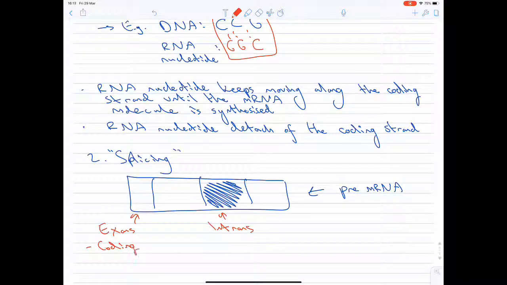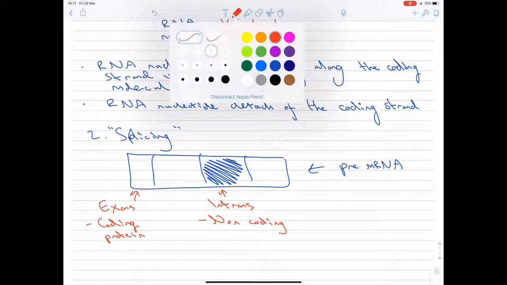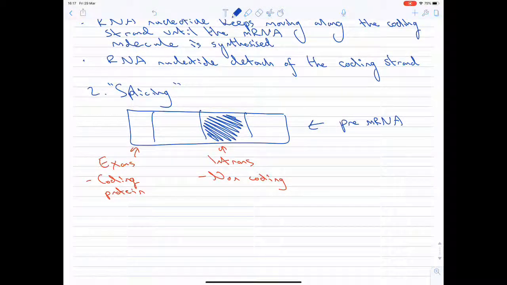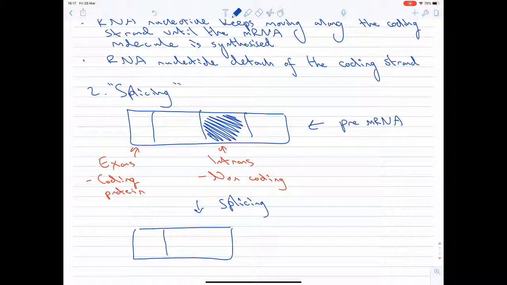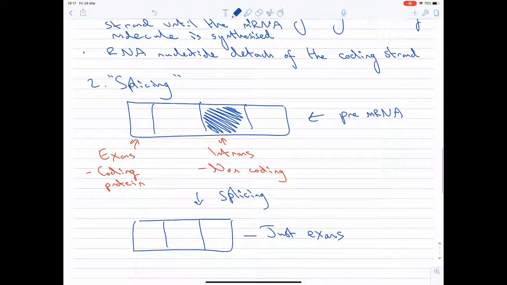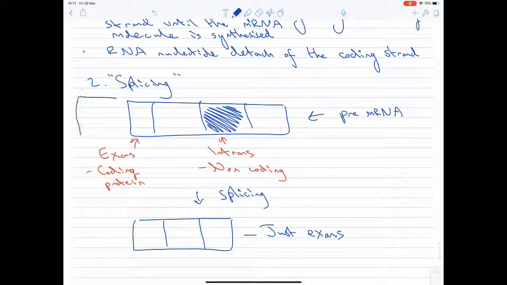This is going to actually code for the protein. This is non-coding for protein. So the next step is to remove this by a process called splicing, so that you remove the introns and you essentially just have the exons left now. So this is just exons. So this is what we're going to explain next.